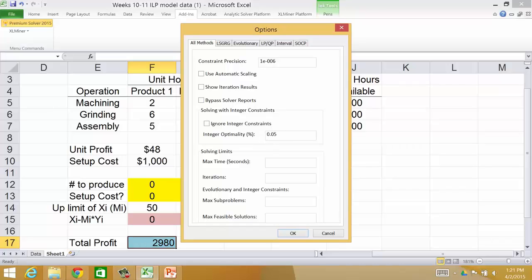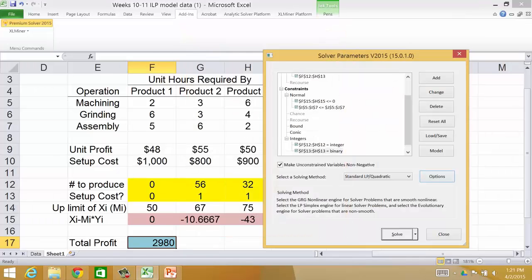We'll talk about this in more detail next time when we briefly introduce the algorithm used to solve ILP problems. But here just make note that when you solve your problems in this class, change your option value from the default. I think the default is 0.05, 1.5% deviation, to 0%. So you get the optimal solution.